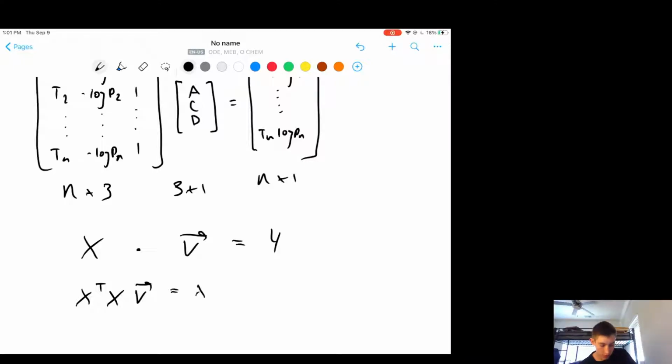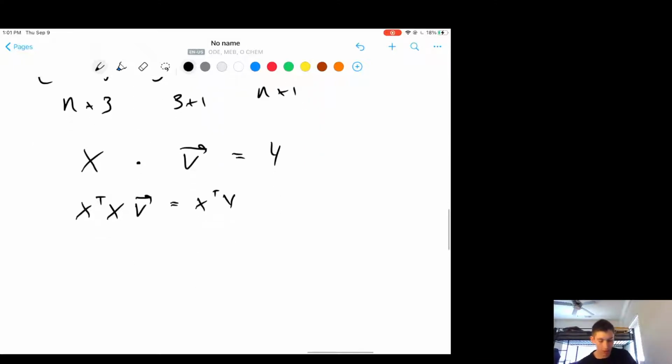So we're going to multiply by the transpose of x on both sides, and then we can multiply by the inverse of this here. So x transpose times the design matrix, the inverse of that, times x transpose times the vector, and we have to multiply both sides with the inverse here.